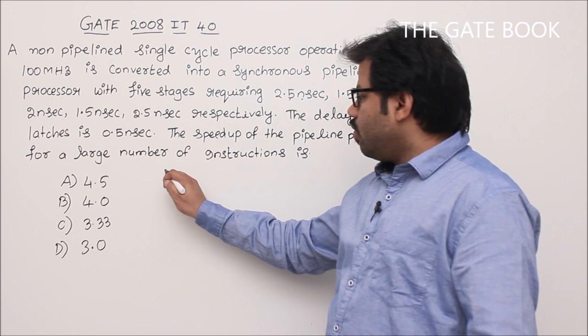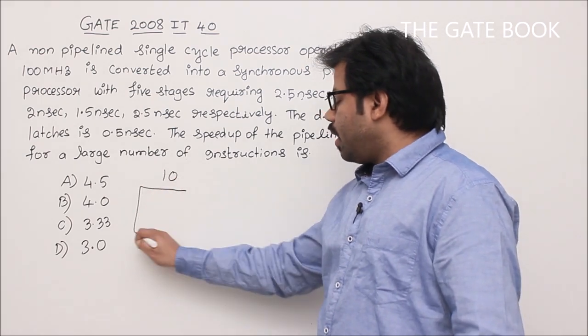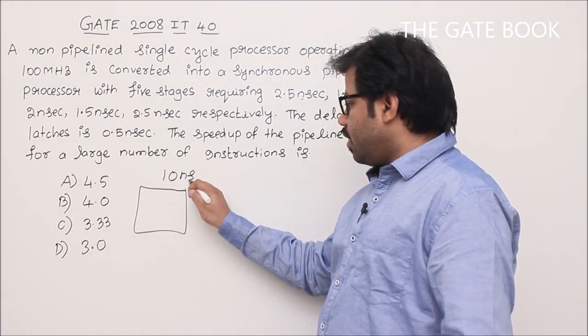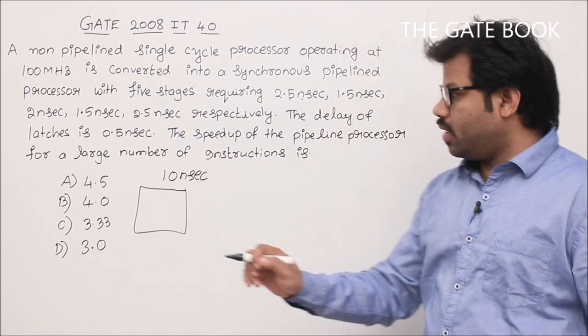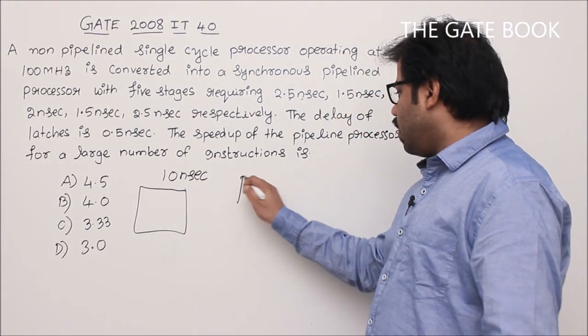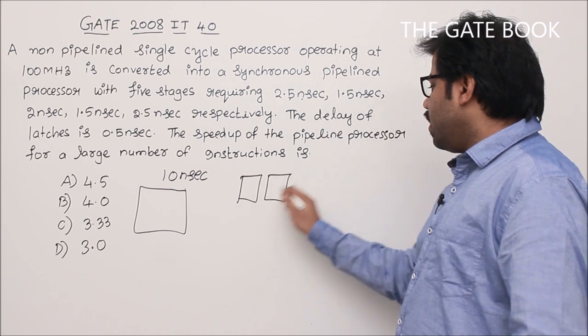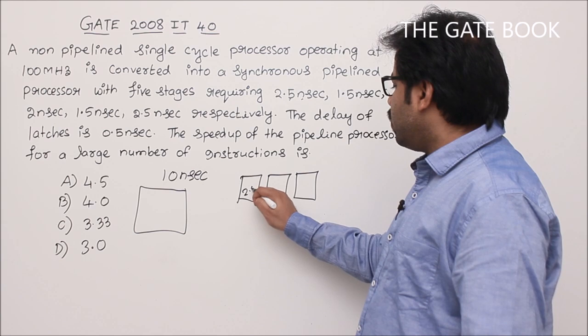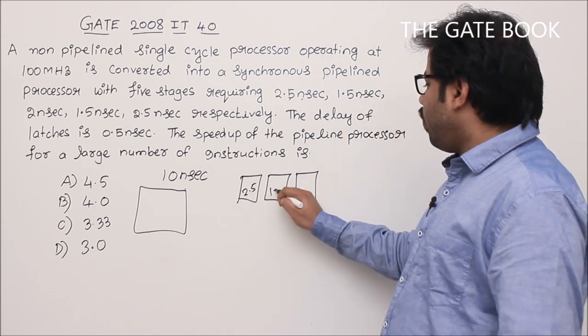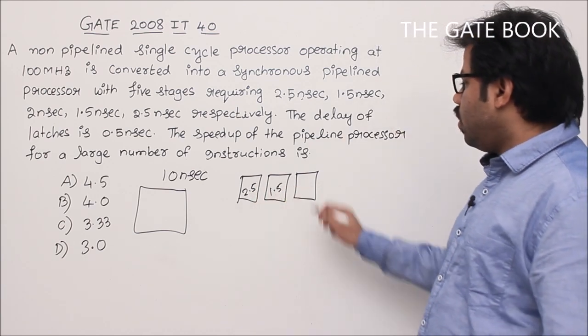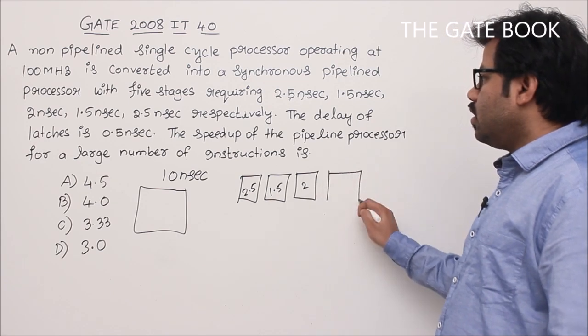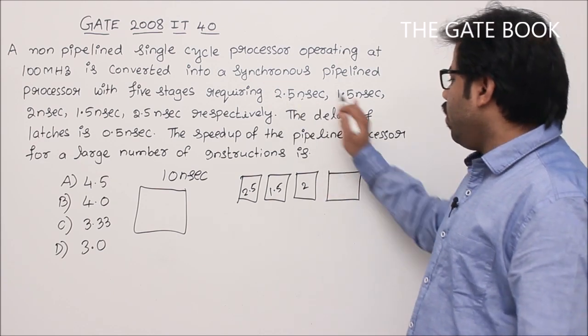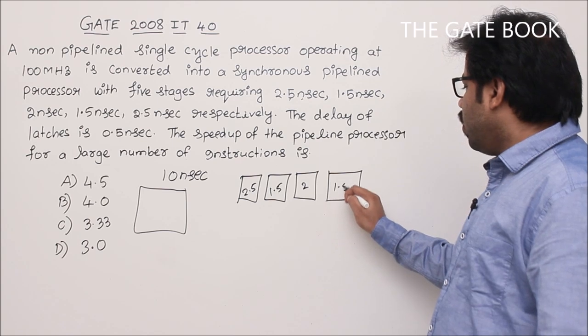Do you remember the first non-pipelined processor took 10 nanosecond to execute one instruction? Remember that point. Now the second one is a synchronous pipeline with uneven stages. Let's see the stage delays: 2.5 nanosecond, 1.5 nanosecond, 2 nanosecond, 2.5, 1.5, 2, 1.5, 2.5.